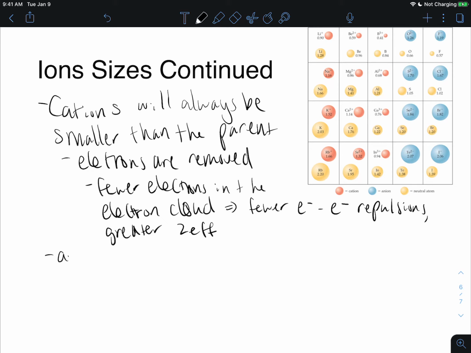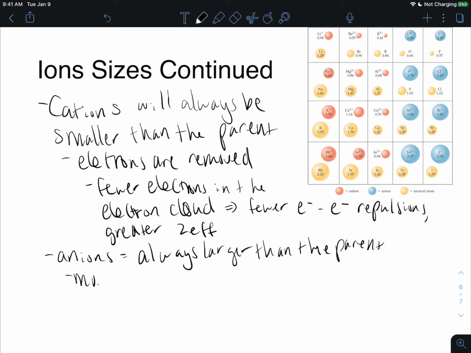Our anions are always larger than the parent, because now we're shoving more electrons in, right?